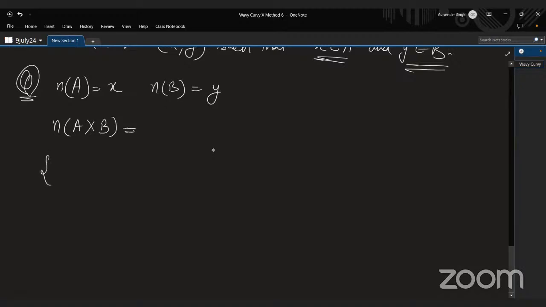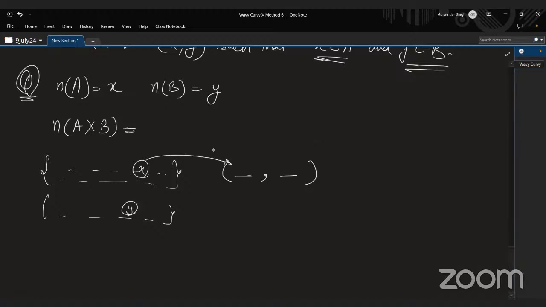See, set A has x elements, set B has y elements. When you are creating any possible ordered pair, you can take x elements from this one and y elements from this one, so it will be x multiplied by y.